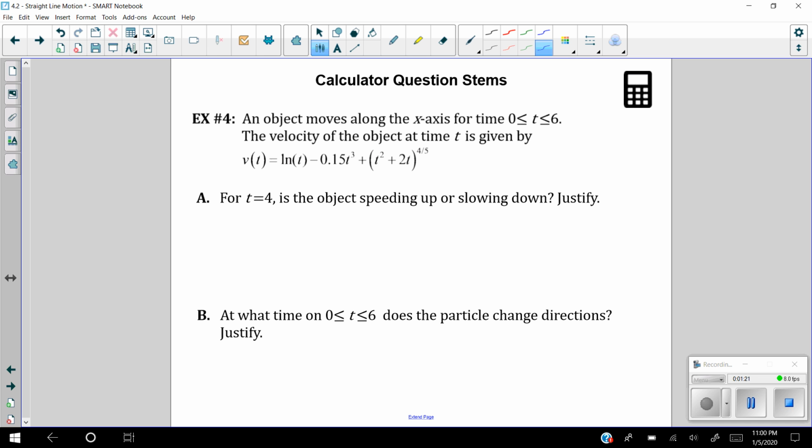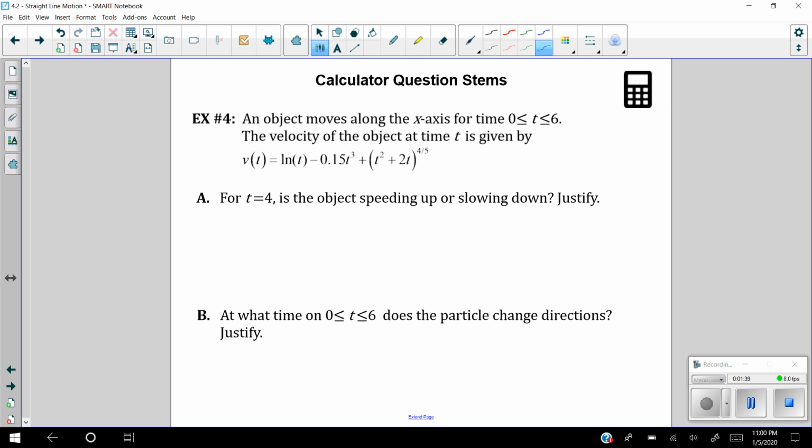So that's kind of a gnarly function that we're going to have to work with, which is why it's a calculator question, because differentiating that by hand, not even once but twice, would be super obnoxious. But A says for t equals 4 is the object speeding up or slowing down.